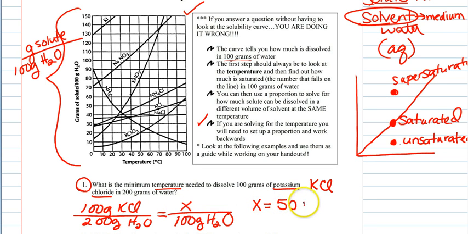Now that means 50 grams of potassium chloride in 100 grams of water will be saturated.